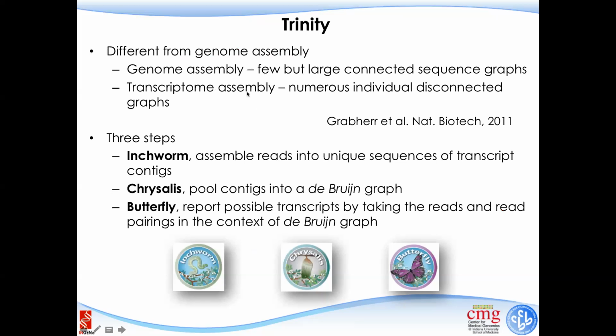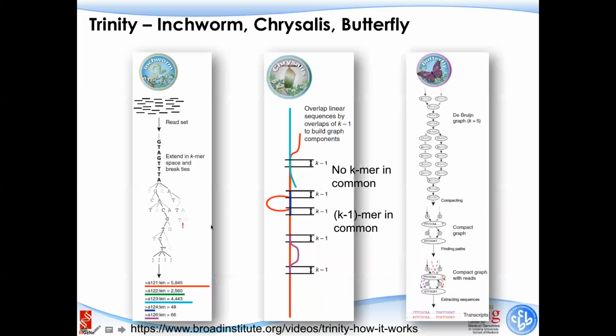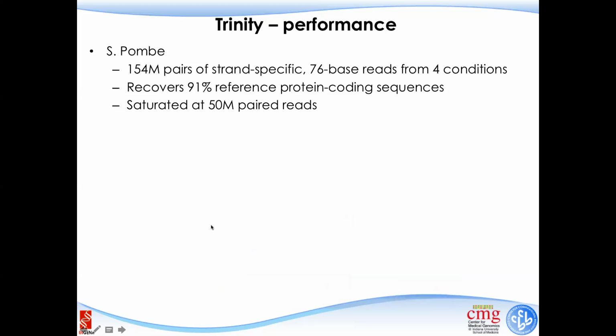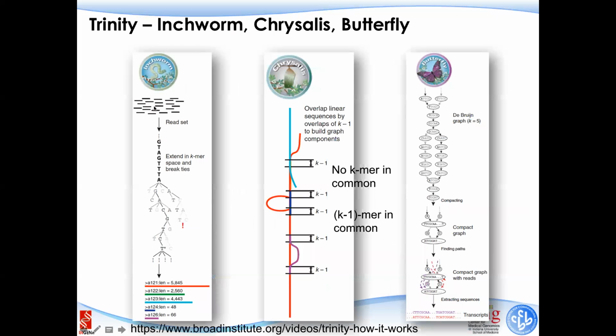In Trinity there are 3 steps, and I would like to introduce the intuition of these 3 steps. The first step is that from the observed reads, we get some k-mers, and then for the k-mers we build a graph named the de Bruijn graph, just linking them.